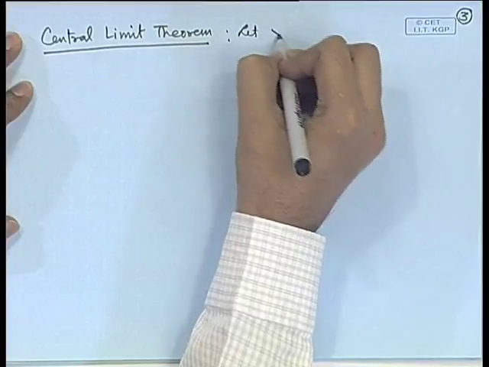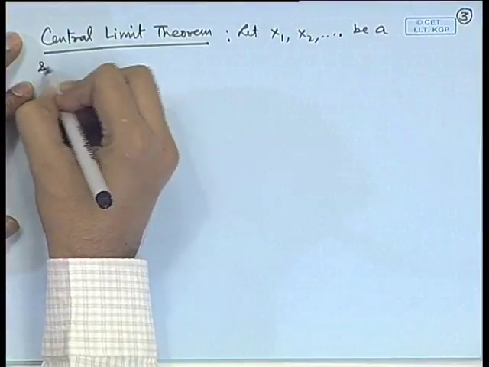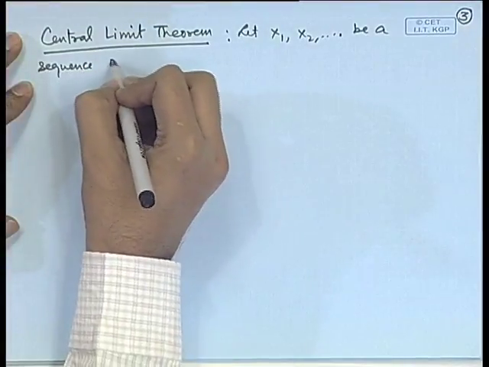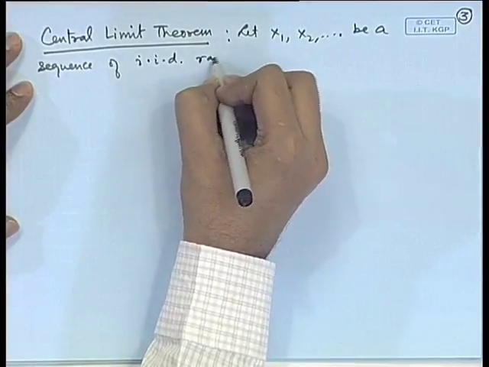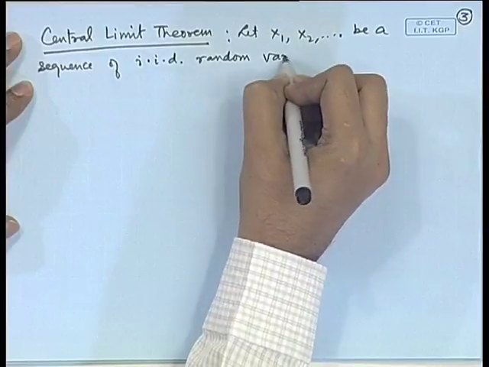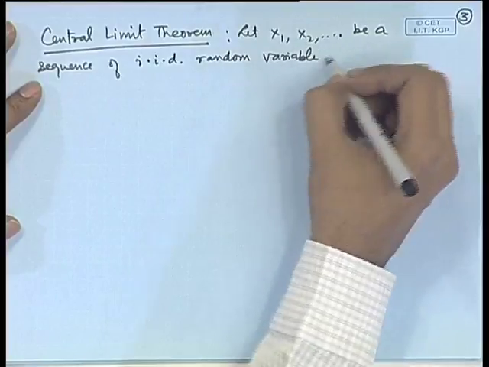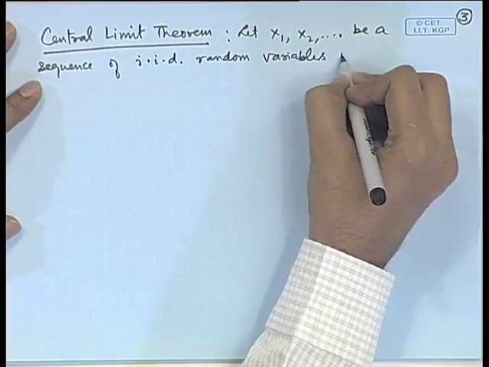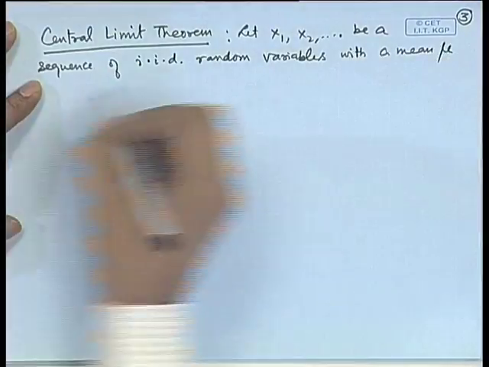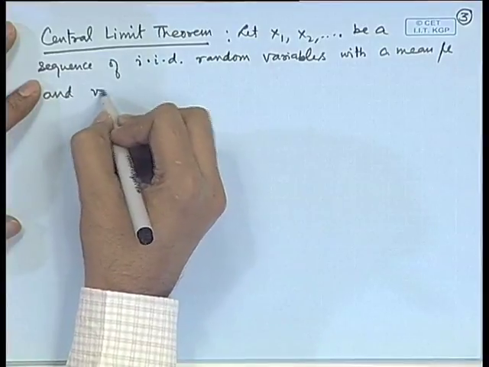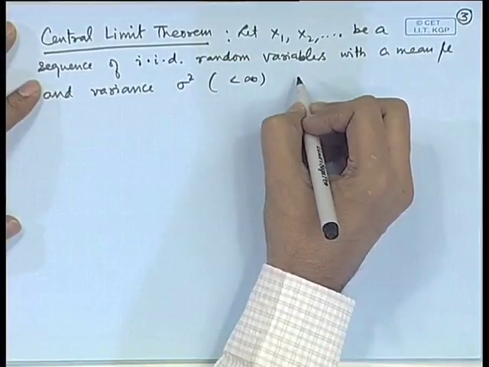So, let X1, X2, and so on be a sequence of independent and identically distributed random variables. Basically, we are saying that we are taking a sample with a large size. So, IID random variables with mean mu and variance sigma square, which we assume to be finite.